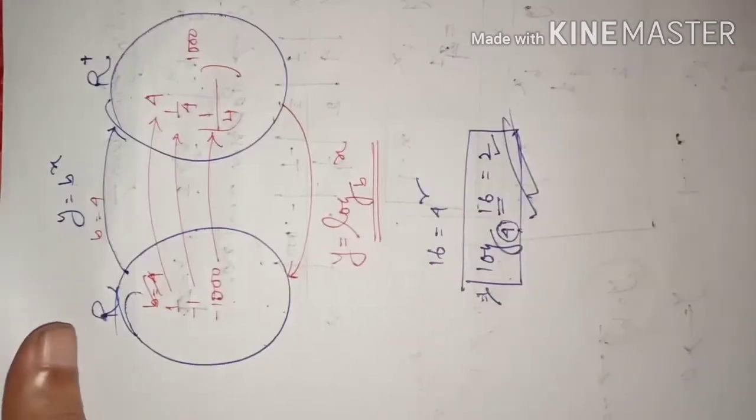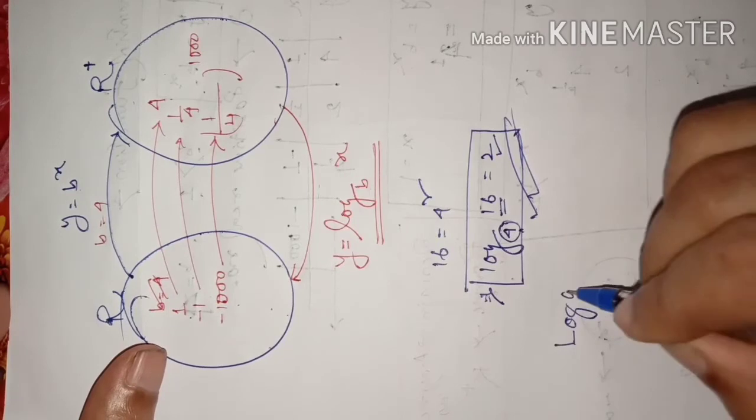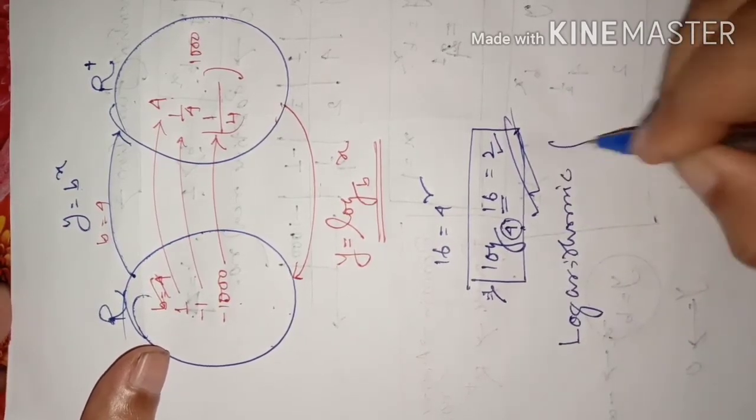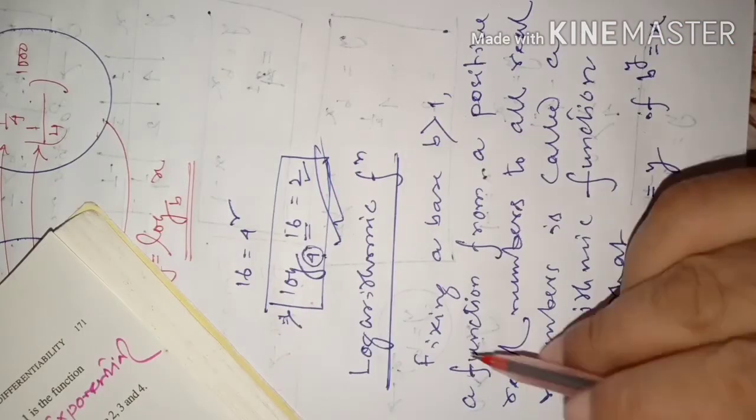We can say this function is a logarithmic function. So students, we are going to be introduced to the logarithmic function. So what is a logarithmic function? We can give the definition like this.